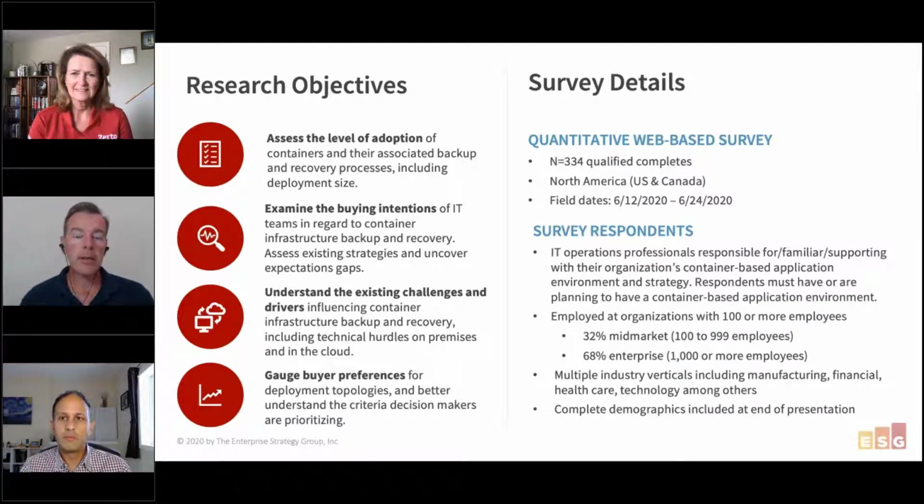This was a North American sample that we surveyed in the June timeframe. And what this does, it really gives us a very good understanding of what the drivers are today, what will happen next. Of course, we always ask future leaning type of questions. And our sample also allowed us to look at what mid-market organizations do, as well as enterprises. So lots of great data, and we're going to go through some of that in the next few minutes.